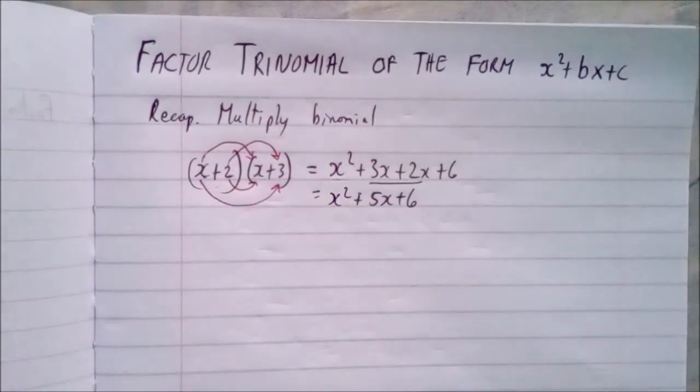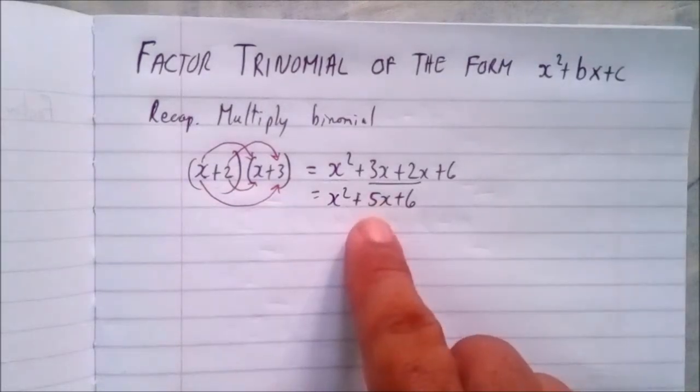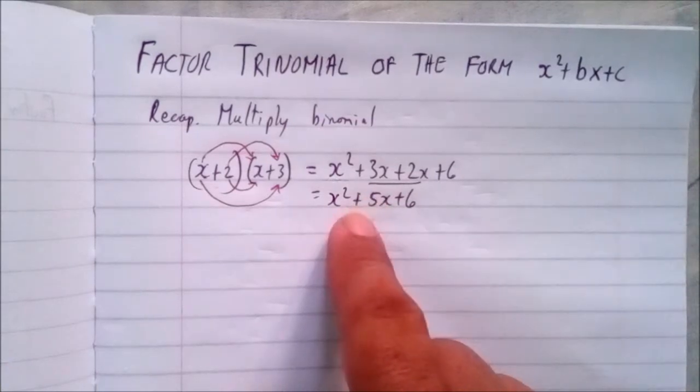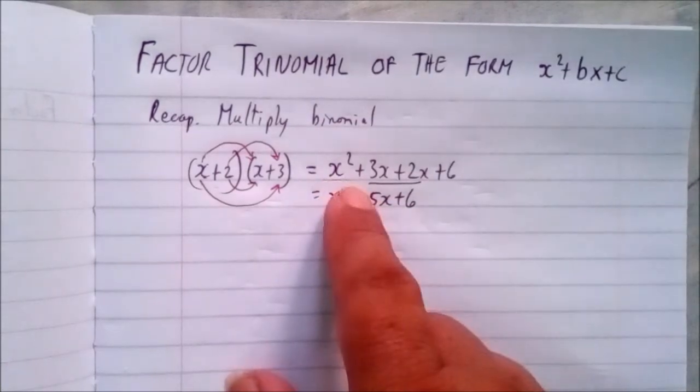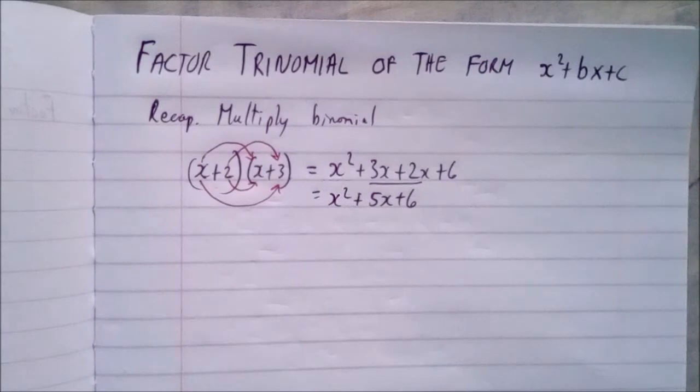So in multiplication, given the binomial factors, we find the trinomial. In factoring, given the trinomial, we find the binomial factors. We will now consider how to factor trinomials of the form ax squared plus bx plus c, where a is called the leading coefficient.